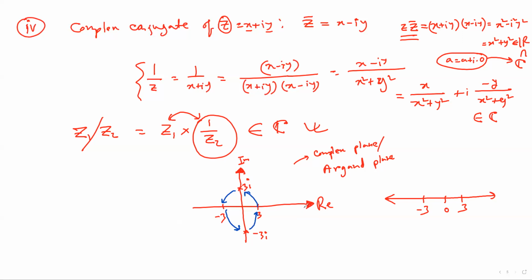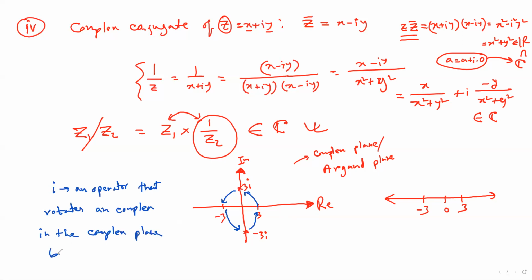So technically, i can be thought of as an operator that rotates any complex number in the complex plane by 90 degrees.